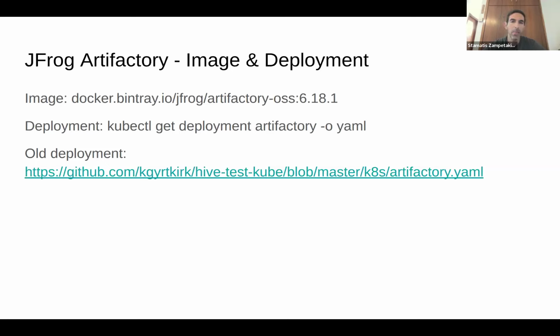The actual deployment can be found again by probing the Kubernetes cluster, and one such deployment can be seen also in Zoltan's repo. So if at some point you want to upgrade to a more recent Artifactory, you probably have to change the Docker image in the Kubernetes deployment.